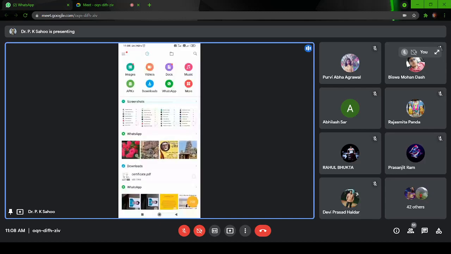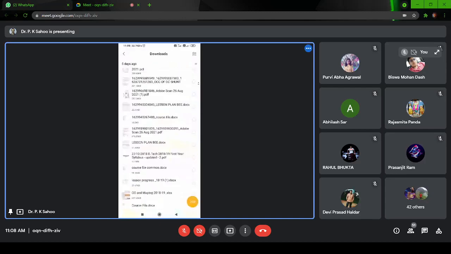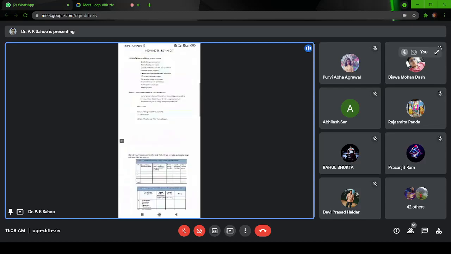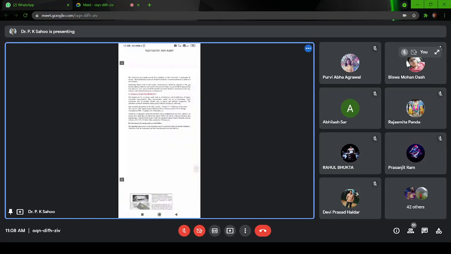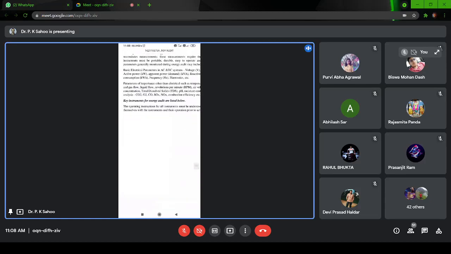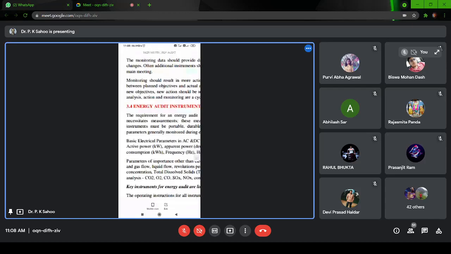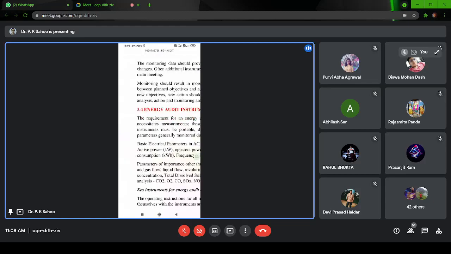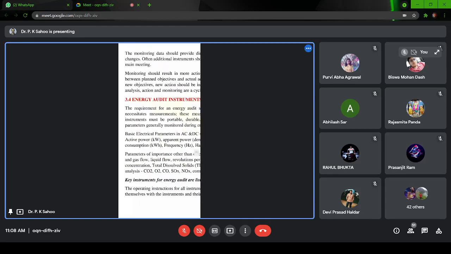So this is the last part, your last part in module 2: energy audit instruments. What are the instruments?